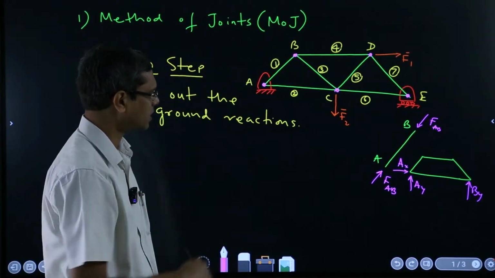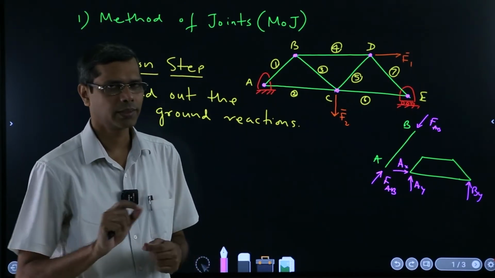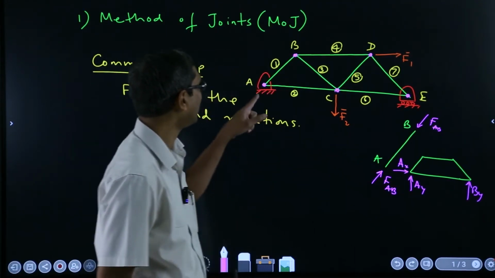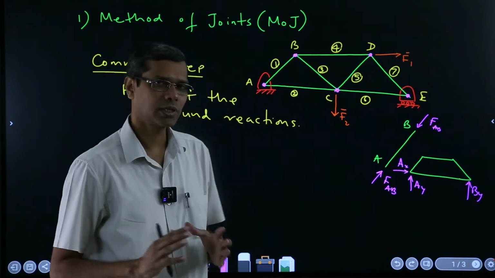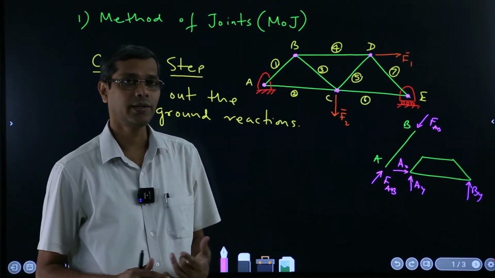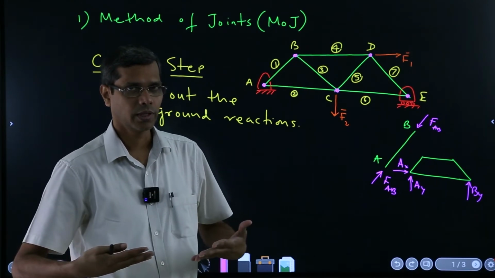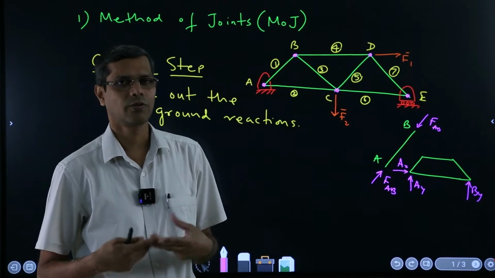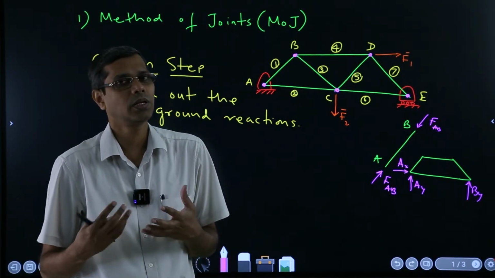Because that is a roller support, only one force will come, and that is what I meant by that. I have chosen 2 supports in such a way that a maximum of 3 unknowns will come, because we know that in 2D we can write a maximum of 3 equilibrium equations, from which we can solve a maximum of 3 unknowns.